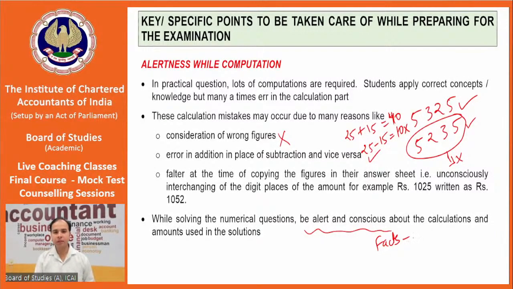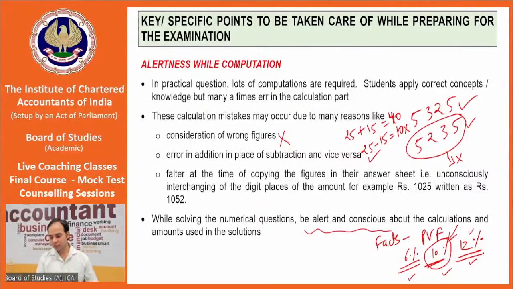For example, in the financial instruments chapter or other questions which involve present value factor (PVF) calculations, you might be given the present value factors of many different rates, 6%, 10%, 12%, although in actual you might require only 10%. So don't get confused that we have to apply all the rates. As per the requirements of the question, you have to answer and proceed.